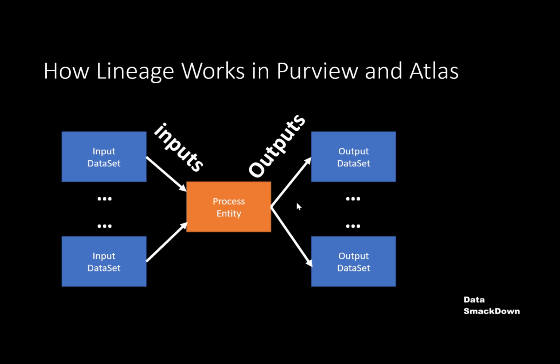And I'm using the word data set here very explicitly because that is the actual type that it needs to work with, the underlying super type. So if you have something like an Azure SQL table, you're good. It's an input or an output data set, right? Because the Azure SQL table itself is a subtype of the dataset type. However, let's say you were going to work with an Azure SQL Server. For some reason, you wanted to represent an Azure SQL Server as an input to a process.